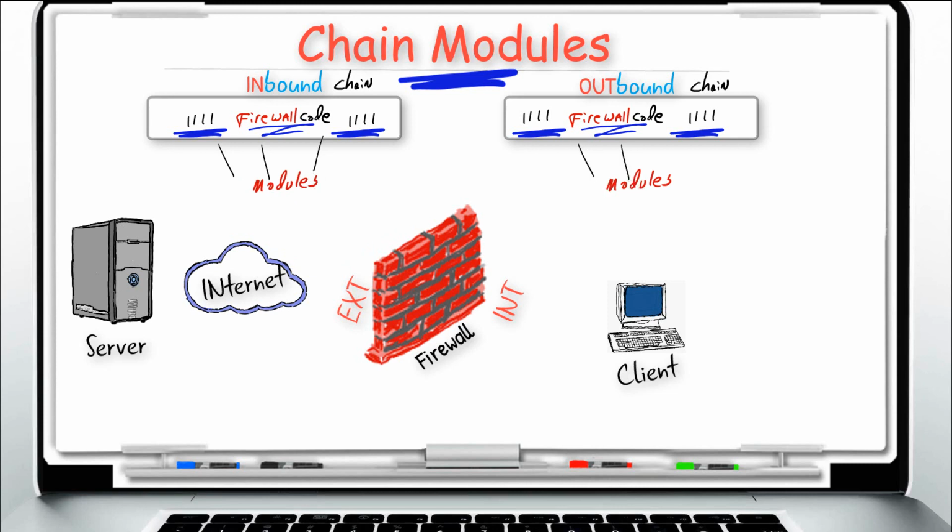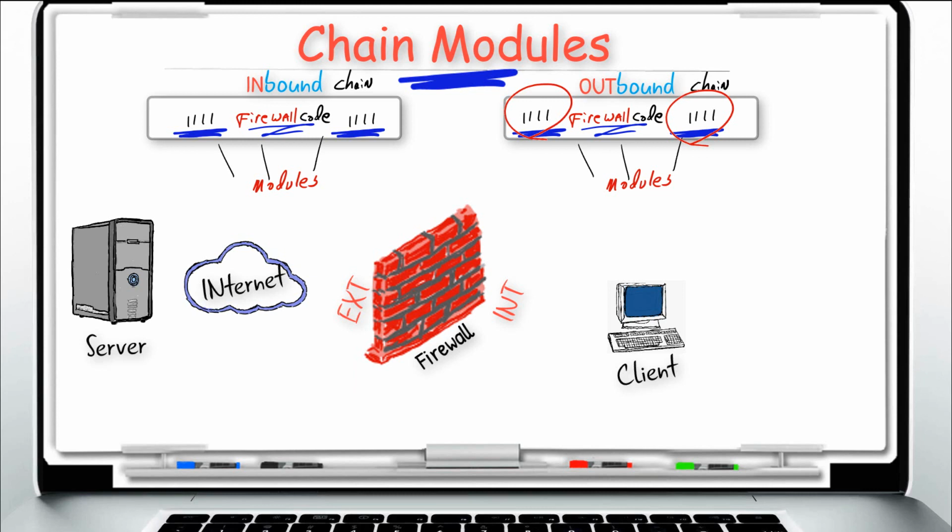And so we have some inspection points for products and modules that can happen on both chains. On the outbound chain, we have some product code and functionality to inspect packets before the firewall inspection code, and we also might have some product code and functionality inspecting packets after the firewall code. I will show you later in this video exactly what these modules are.